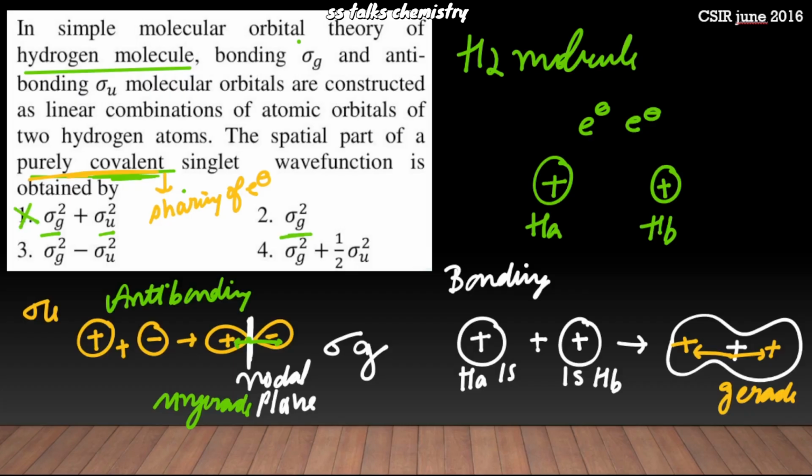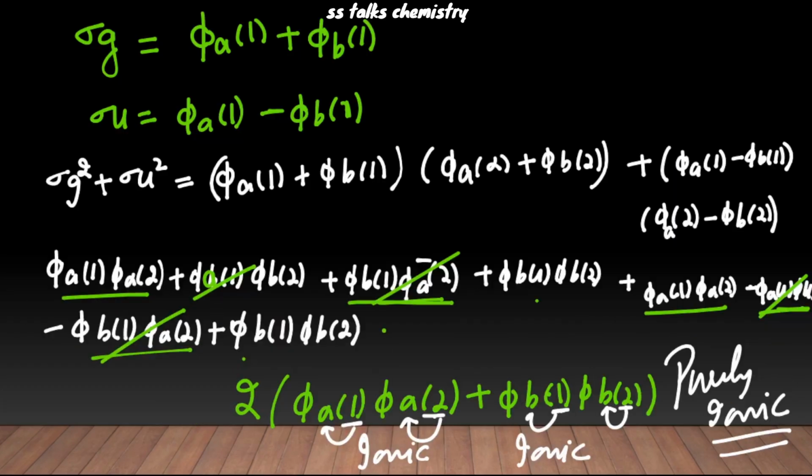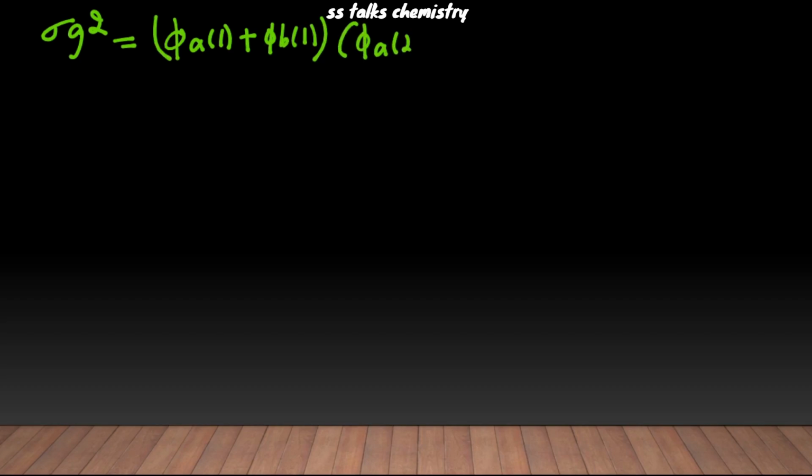Next, if you see sigma G2, so let's do that. Next it is sigma G2. So it will become phi A1 plus phi B1, right, into phi A2 plus phi B2. So for the second and the first electron, open this.